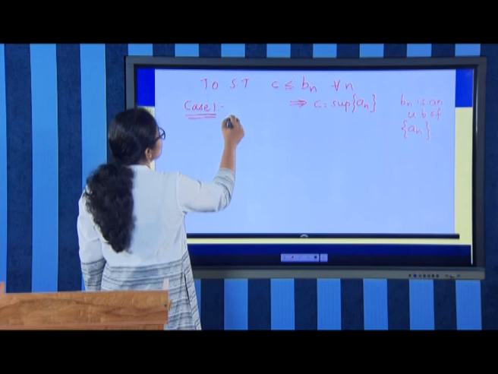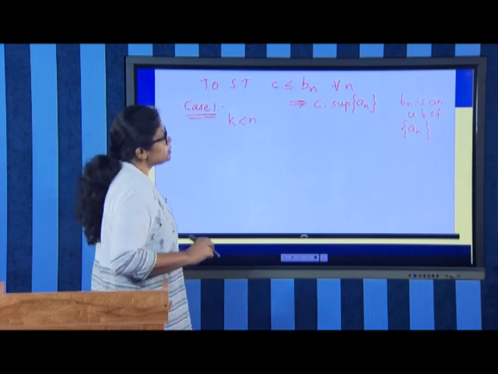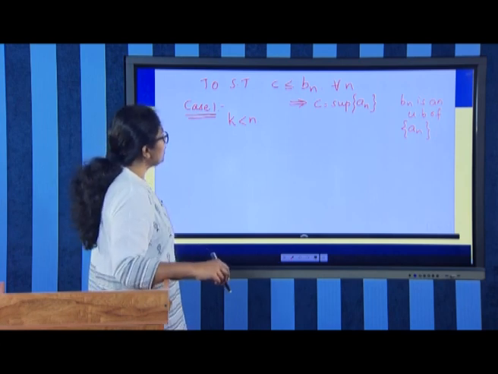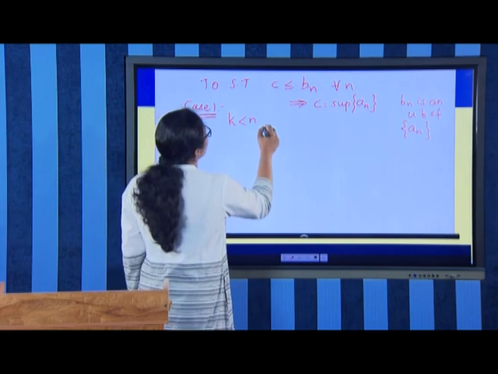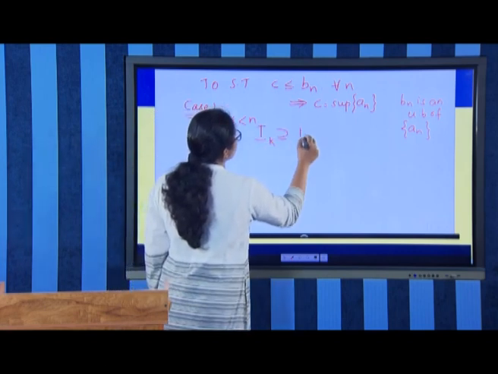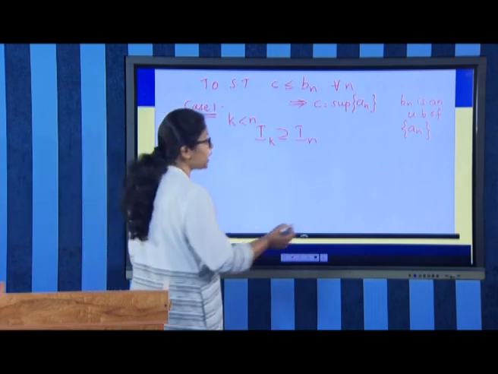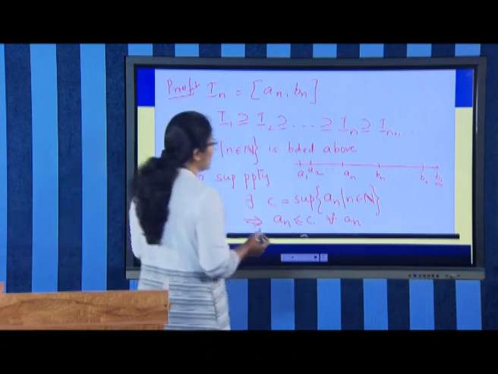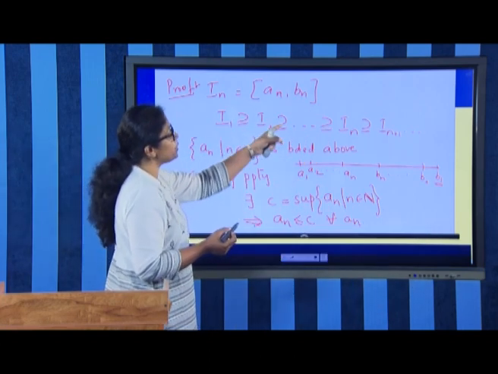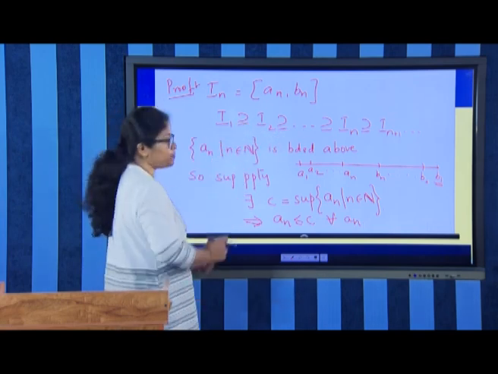So, case 1: we are taking some k less than n. Suppose you take k to be less than n, we have Ik contains In. Why? Because we can see that I1 contains I2, contains I3. As the indices become larger and larger, the intervals become smaller and smaller.